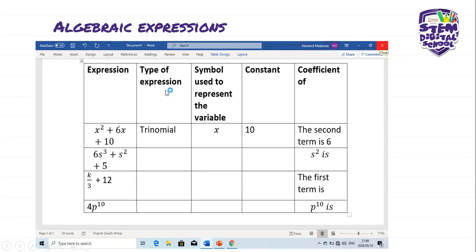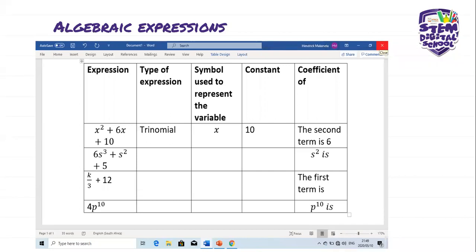If we want to know what type of expression this is, you can see that there are 3 terms there. X squared is a term on its own. 6x is also another term. And 10 is another term. So how many terms do we have here? We have 3 terms. It's x squared, 6x, and 10. That is why we call this expression a trinomial. We call it a trinomial because it is an expression with only 3 terms.